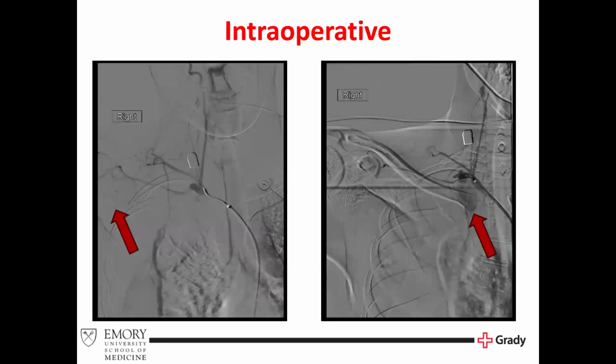So we contacted our vascular surgery colleagues for a possible endovascular repair of the subclavian artery injury. And so we went to our hybrid suite. Due to concerns for hemodynamic collapse on induction, we opted to get right femoral artery access under local anesthesia, with the intention of gaining proximal control with an Excluder balloon before intubation.